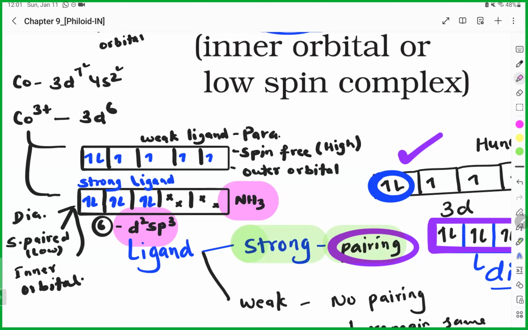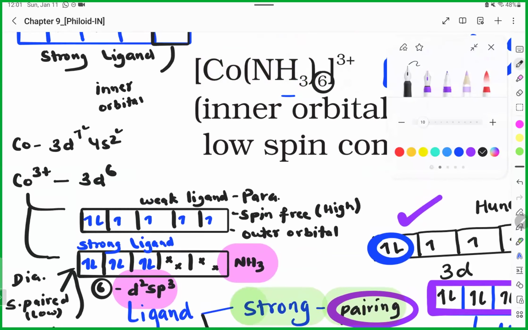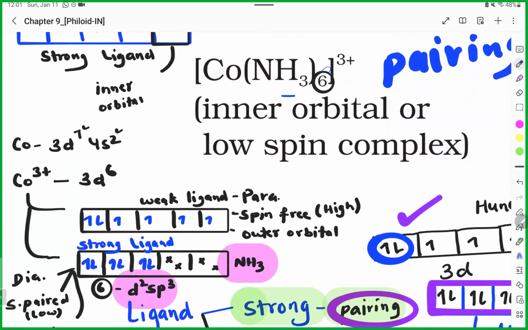Sir, could you explain the hybridization part? Because you know the total number is 6, whether you take strong ligand or weak ligand. How do we know? It is given in the question. Here you have 6 ligands. That's why the coordination number is 6. So the total number will be 6.